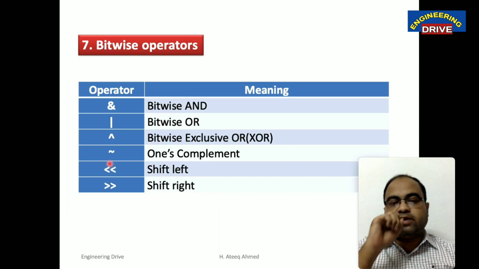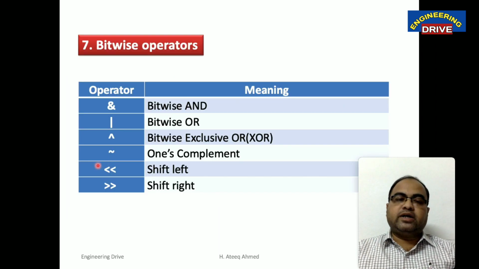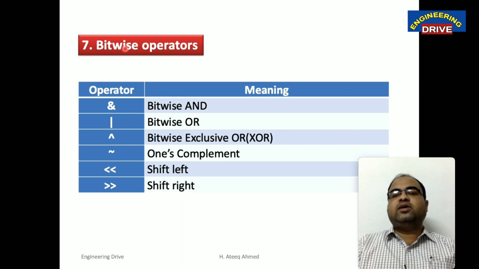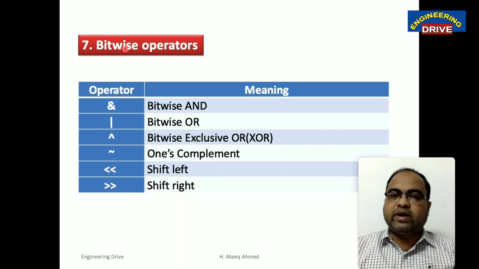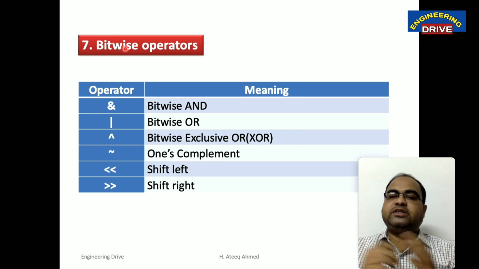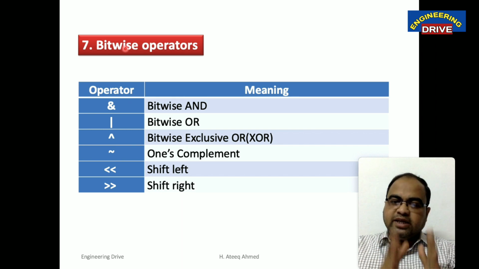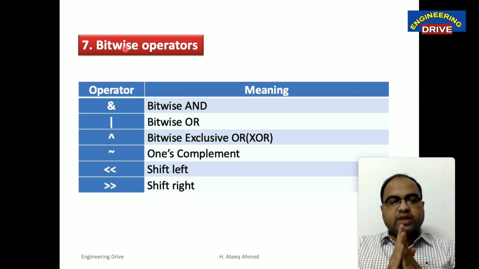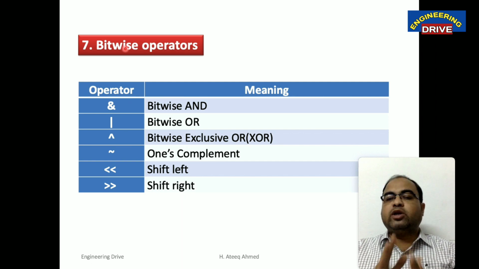Next, seventh category, bitwise operators. Totally we have 6 types of bitwise operators. Why the name bitwise? Computer understands only one language, machine language, and everything in computer is represented in the form of bits, zeros and ones. So these operators work only on those zeros and ones. Because of this I am not going to include any example program.